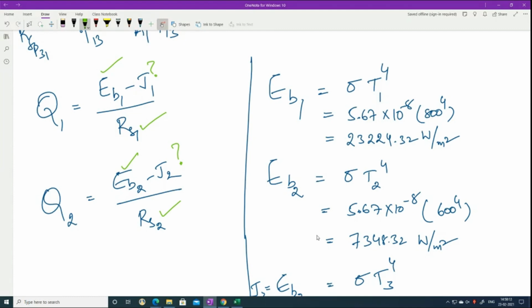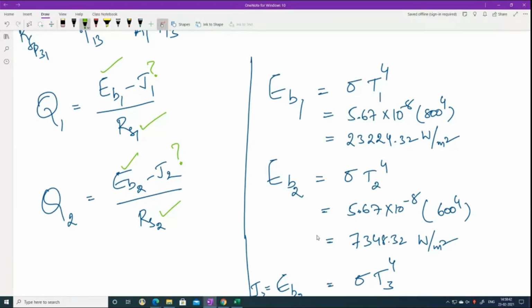Please speak out. How to calculate J1 and J2, that is the key thing here.